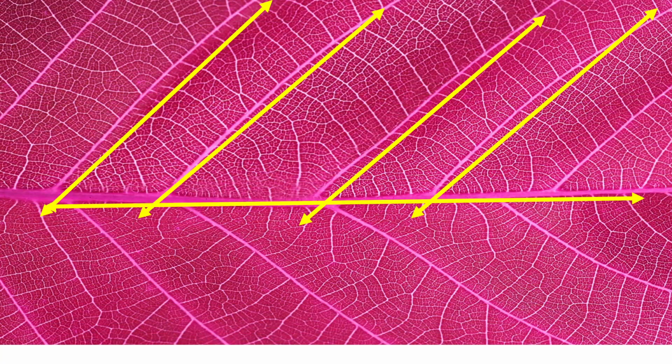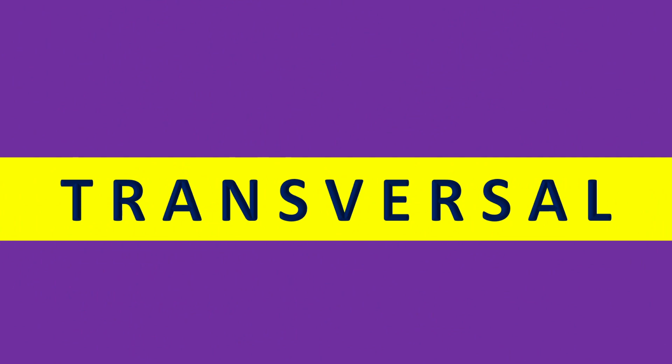You must have observed that when more than one line is intersected by another line, some angles are also formed. Now let's learn more about it. When a line intersects more than one line, that line is called a transversal.